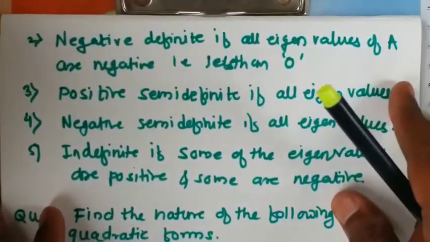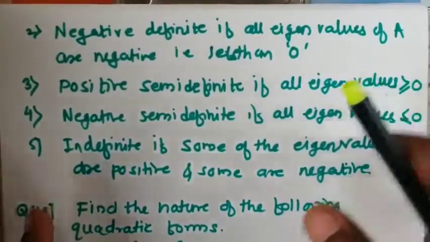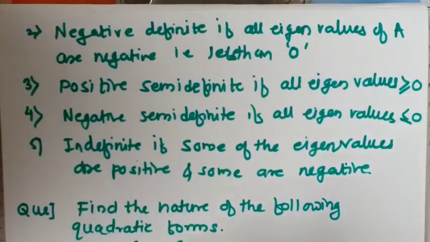The next definition, negative definite. When to call the quadratic form negative definite? If all of the eigenvalues of the matrix A are negative, that is less than 0, then such a quadratic form can be called negative definite. The next definition, it is called positive semi-definite if all the eigenvalues are greater than or equal to 0.